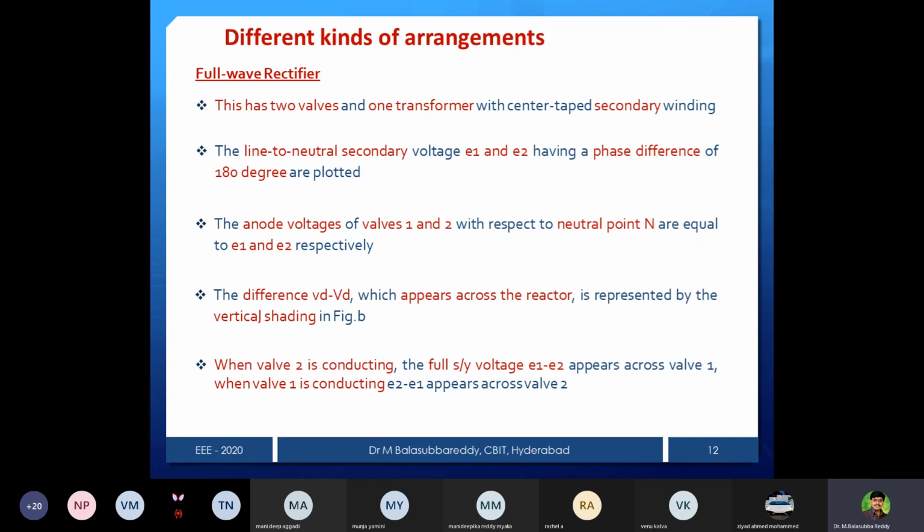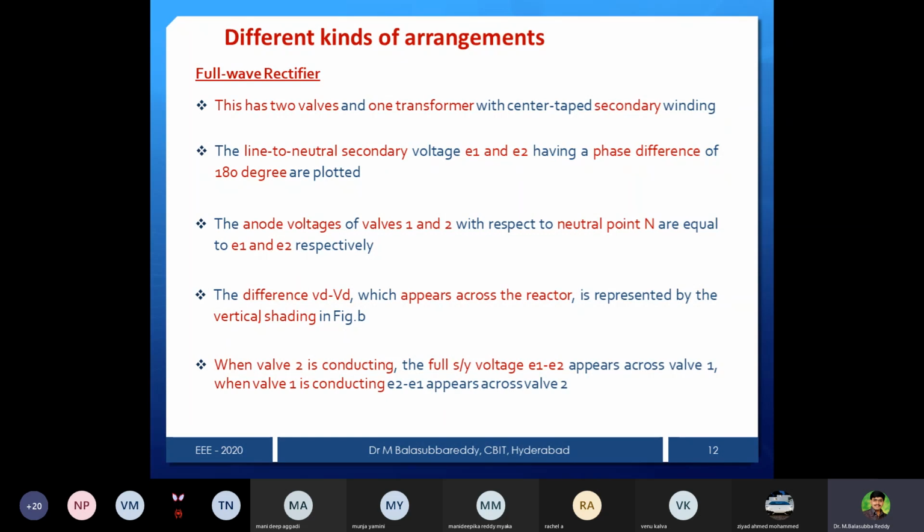Let it be a full bridge here, one valve is conducting. Suppose this is the problem of the midpoint actually, but it is not there in the bridge type. In the midpoint we can notice one thing, I will show the waveforms also. Let valve 1 be conducting, valve 2 open. If valve 2 is open, what is the voltage across valve 2?